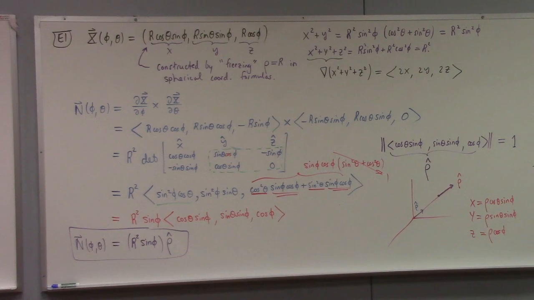What is the length of this vector I'm writing? The length of this would be x over rho squared plus y over rho squared plus z over rho squared, also known as x squared plus y squared plus z squared over rho squared, also known as rho squared over rho squared, more commonly known as 1.